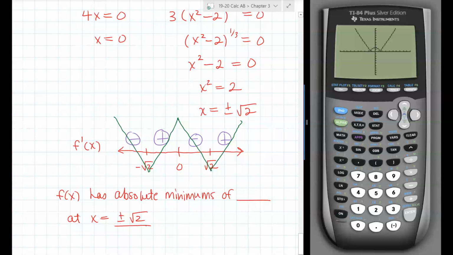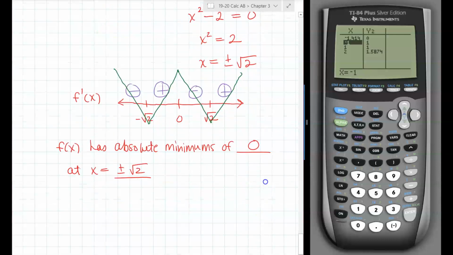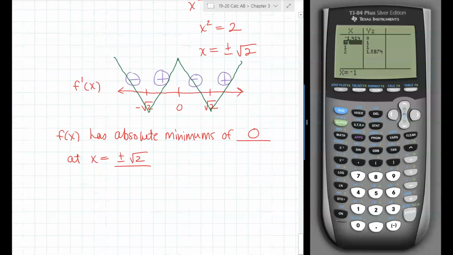If I want to figure out what those somethings are, let me just go to a table and plug in a negative radical 2. And yikes, that's the wrong thing. Radical 2. So 0. That's the absolute minimums of 0 at x equal to plus or minus radical 2.